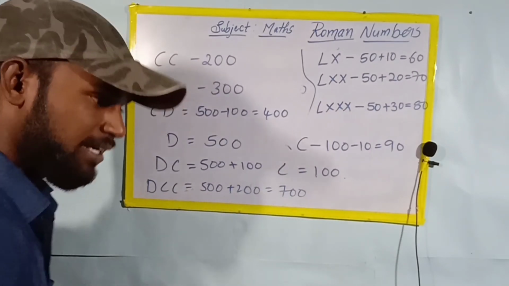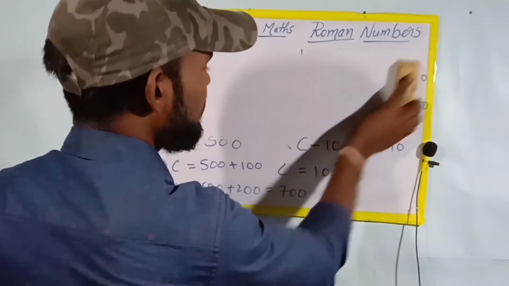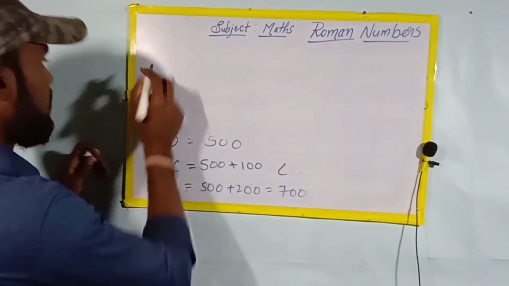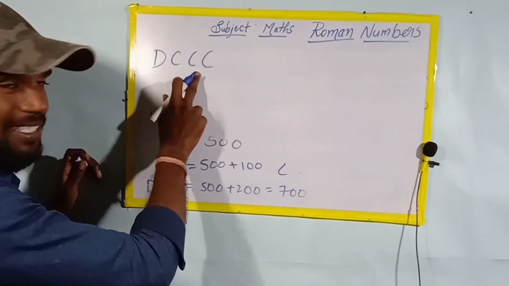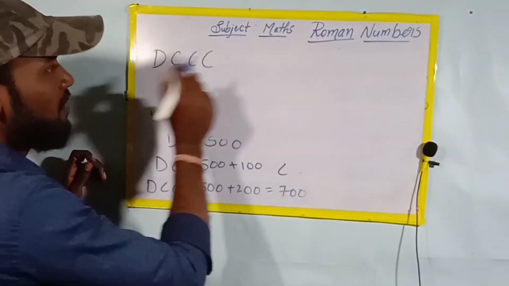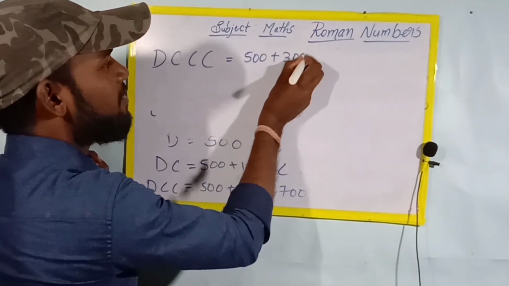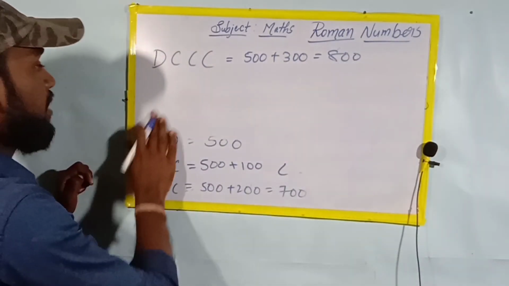So now 800. How to write 800 here? See here, DCCC. These 3 C's mean 300 plus 500. That is equal to 500 plus 300. What is the answer here? 800.